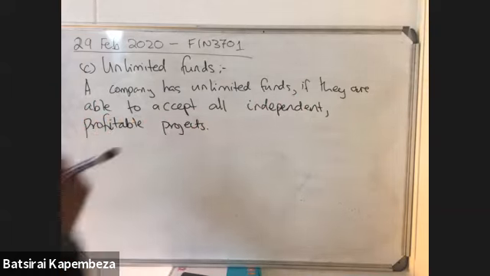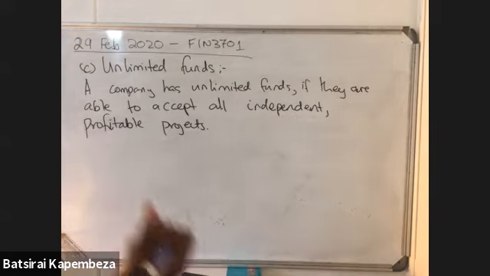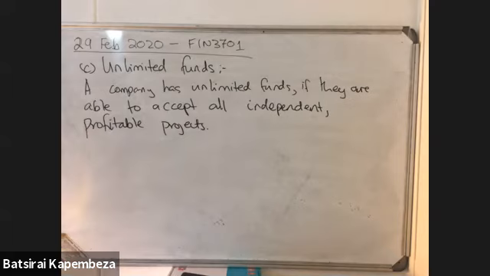So unlimited funds means you've got all the money that a company could need to invest in whatever it wants to invest in. So when we say that a company has unlimited funds, we mean that the company is able to accept all independent profitable projects. As long as the project is profitable and as long as the project is independent, the company is free to accept that project, right?